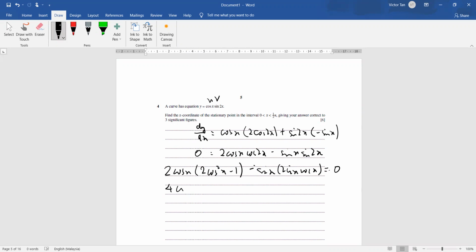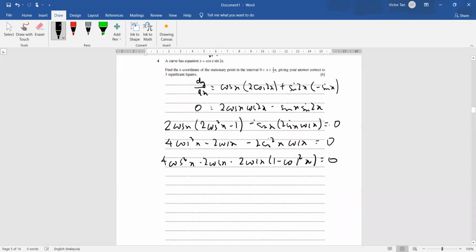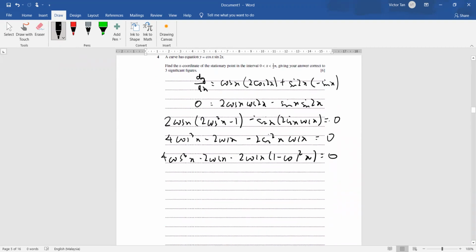So you have 4 cos cube x minus 2 cos x minus 2 sine square x cos x. Substitute sine square x with 1 minus cos square x. No choice, you have to do the long way. This is minus, minus, plus 2.